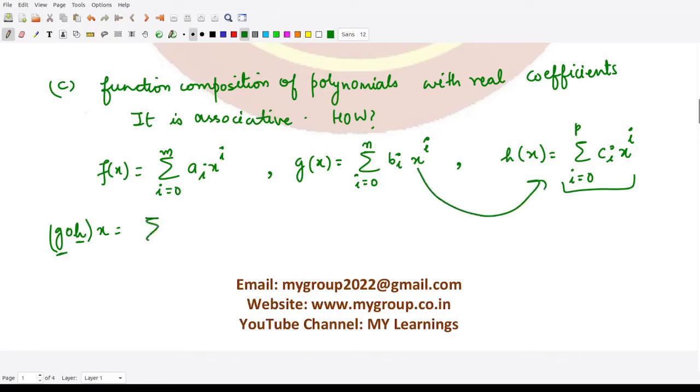We would have the summation, i varies from 0 to n, of b_i, and instead of x we now write this whole expression, the summation with i varying from 0 to p of c_i. Because we have already used the index i, we cannot use i here, so we use some other index, let's call it j. So we have this whole thing raised to the power i.